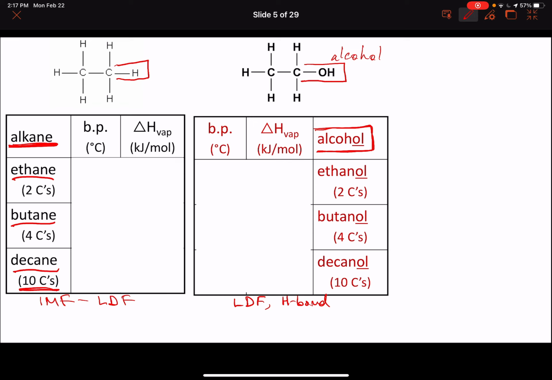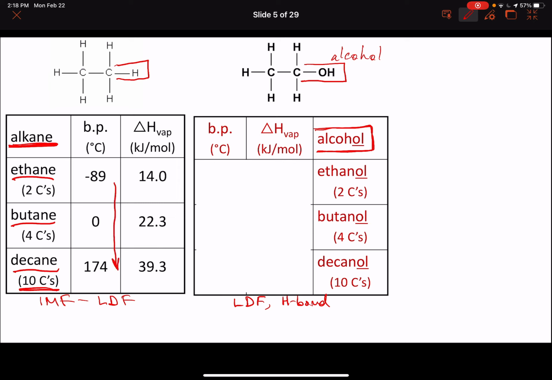So as we answer similar questions about boil point, we already knew that boil point should increase as we extend the alkane chain, and consequently the enthalpy of vaporization should go up as well.